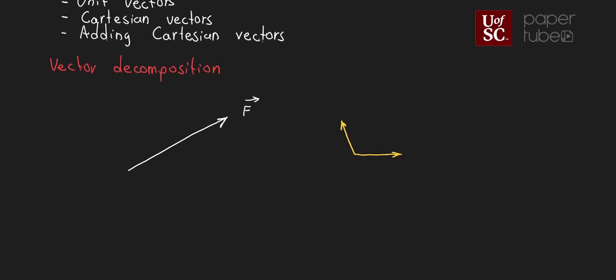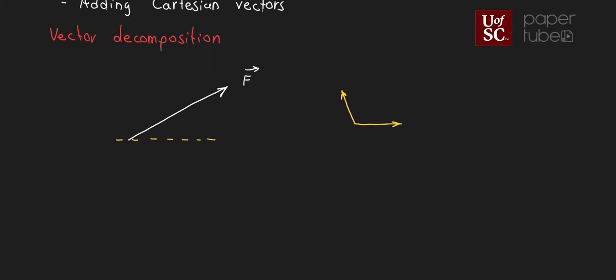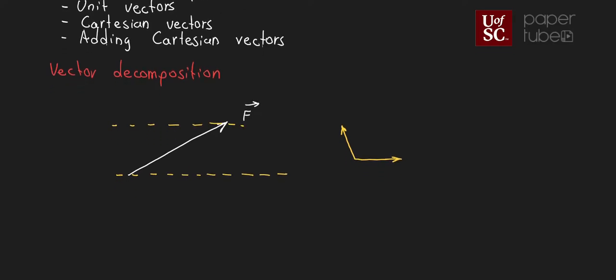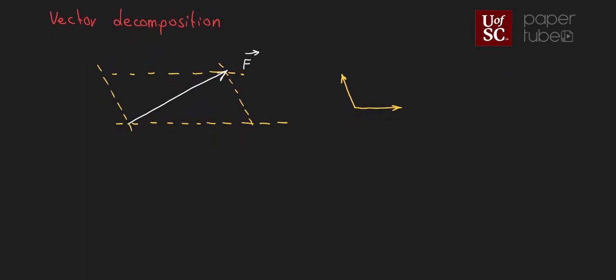They don't have to be perpendicular to each other, right? So what I can do is draw parallel lines to those two directions. One goes like this, the other one goes like this. Now I can take this vector F and express it in terms of two other vectors. How do I do that? Well, using the idea of heads to tails that we've seen in other videos.